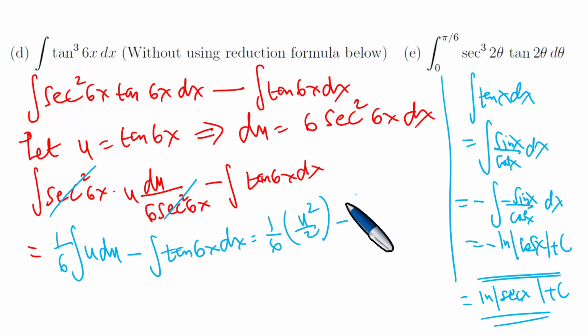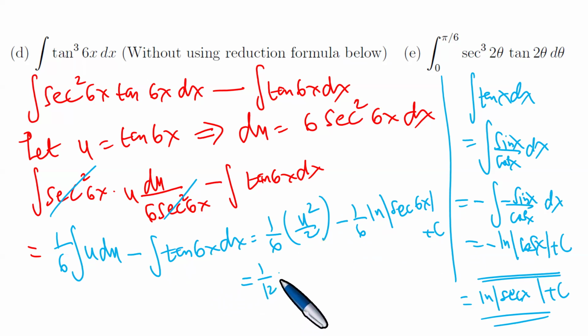Right. That is 1 over 6 here. Okay, so this one is going to be 1 over 6, because of the 6x, it becomes 1 over 6 each time you integrate. And therefore, it becomes the ln of the sec of 6x plus c. 1 over 12 u squared, minus 1 over 6.